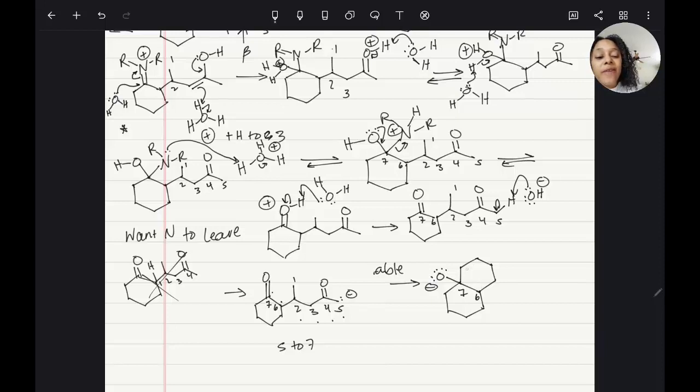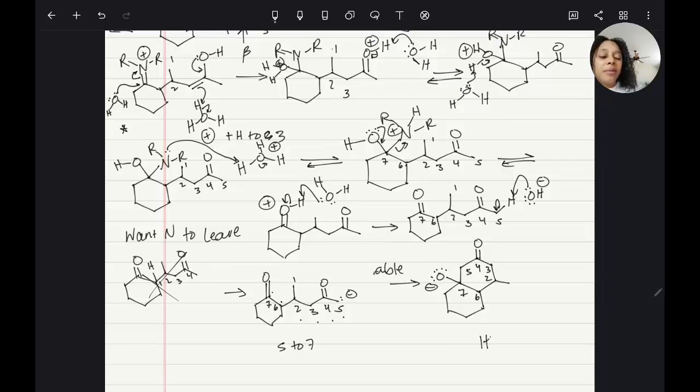Number 5 is joining to number 7, so that's number 5. Then number 4 is attached to number 5. Number 4 had my carbonyl. Then number 3, and then number 2 had number 1 attached to it.